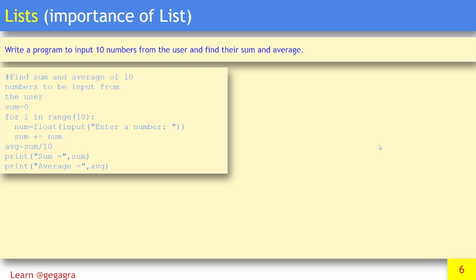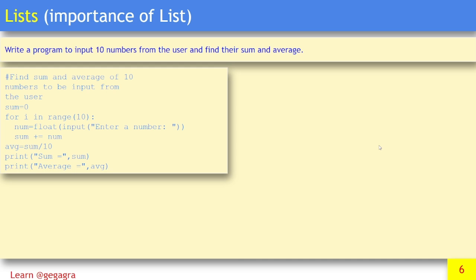The answer is no, not possible, because there is a single variable num, and it is getting the value from the user, and after summing up, next time num gets a new number. It keeps taking a new number every time and keeps adding that number to sum. So at the end of the loop, the variable num will hold the last value entered.